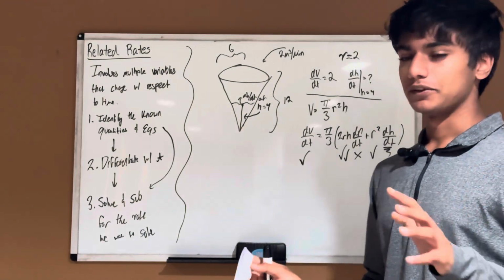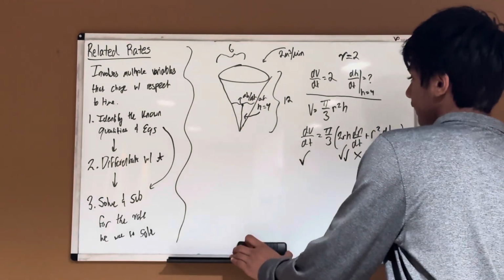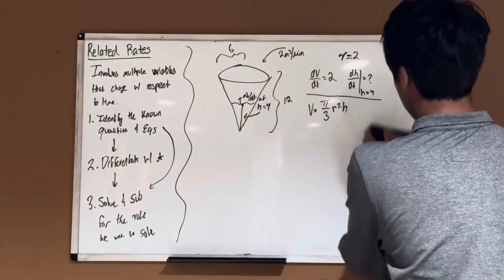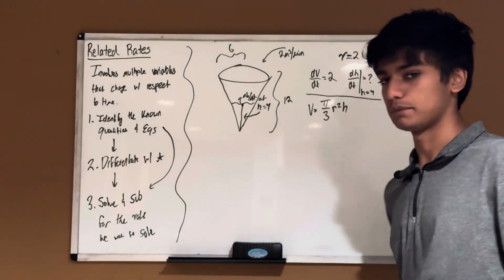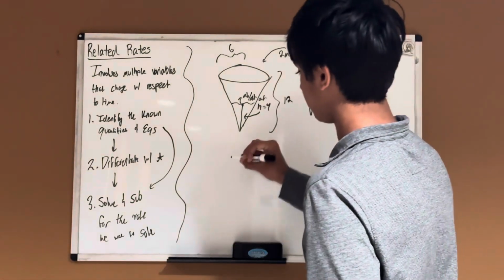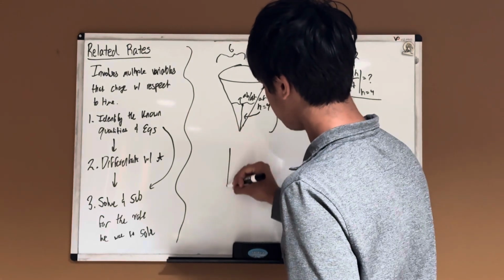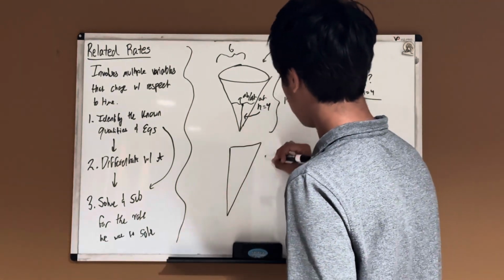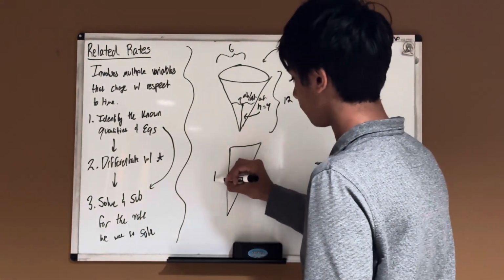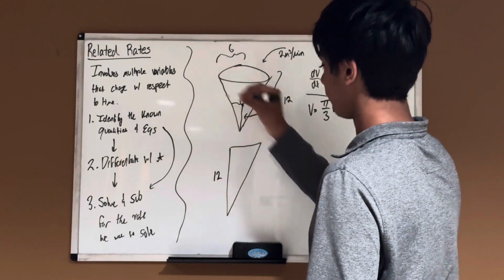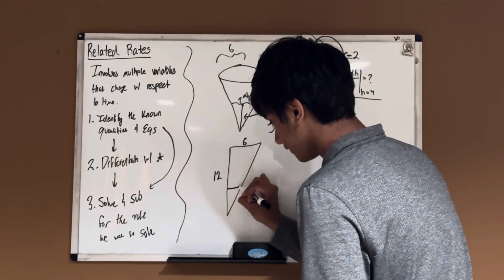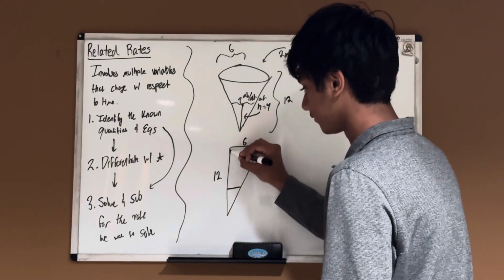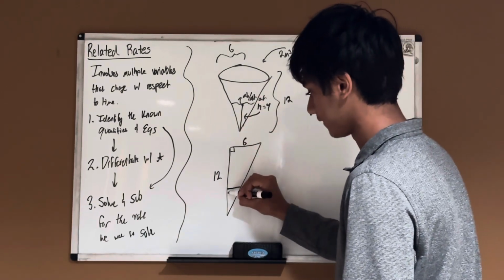So before you give up, there is one trick we can do here, and this is creating a new equation that we can then plug into this equation to remove r squared. You may be wondering, how can we do this? Well, think about it. We have a triangle, right, where the height is 12 and the radius is 6. And so if we draw another triangle here, it's going to be similar by angle-angle similarity, because we have a right angle.